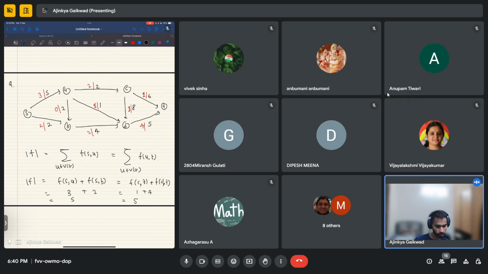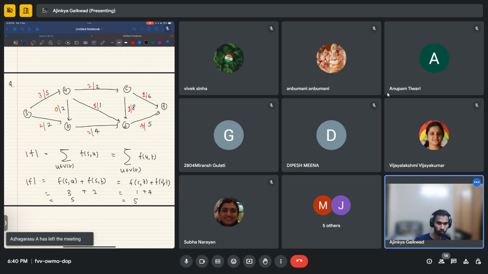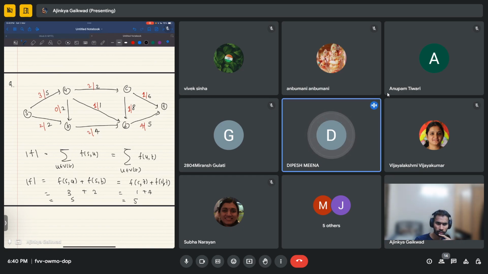These are just numbers you put next to the capacities, and no matter which numbers you put, you just have to make sure that the flow inside every edge is at most its capacity, and the flow conservation properties are satisfied. If these two properties are satisfied, you can say it is a valid flow network. Is that your question? I am asking, when you draw a flow network in a question, how do you draw it?